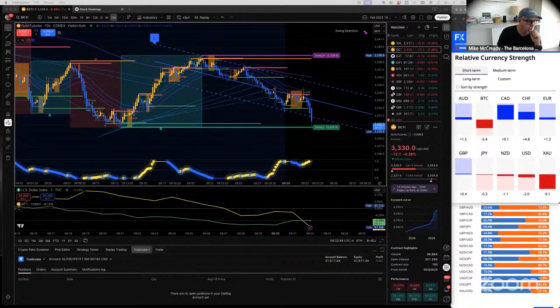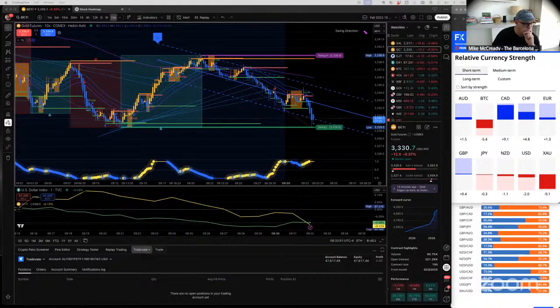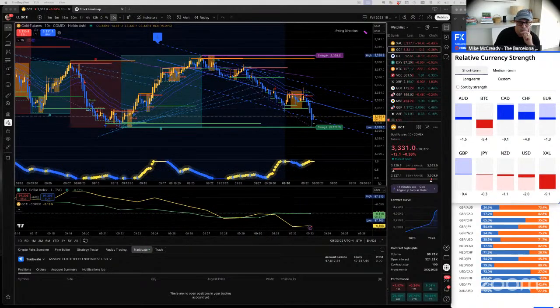Price did what I would have wanted it to do in an A plus setup. But it wasn't an A plus setup. We get through this swing low. Let's see where we are. Coming up on the DS1.